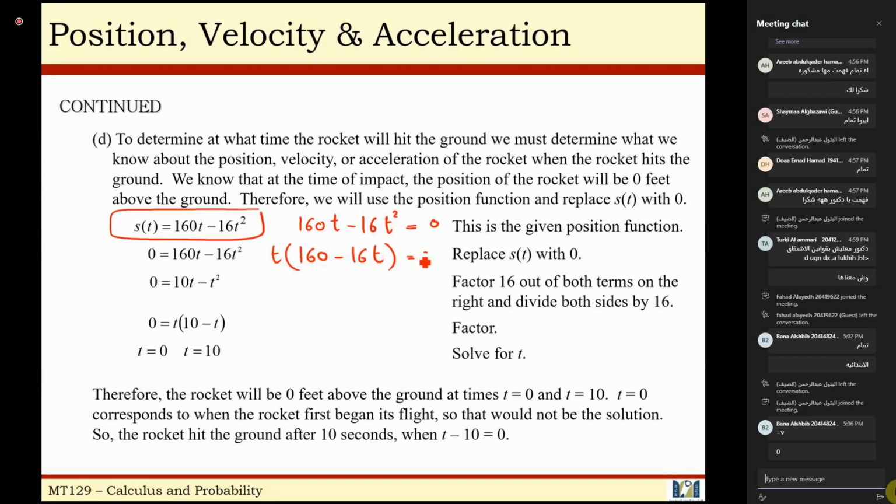So t equals 0, this is the initial time, ignore. And 160 minus 16t equals 0, so t equals 160 over 16, which is 10. So after 10 seconds, the rocket hits the ground.